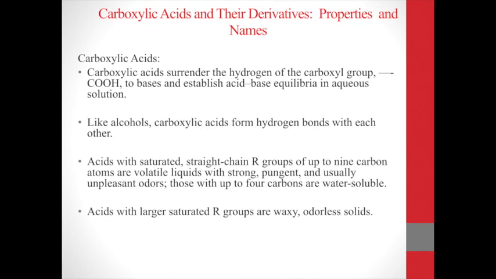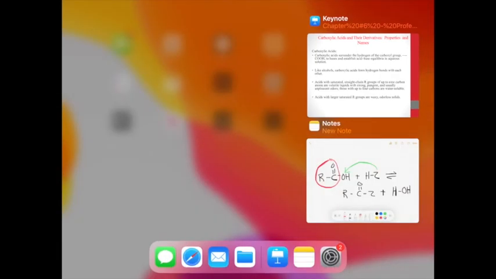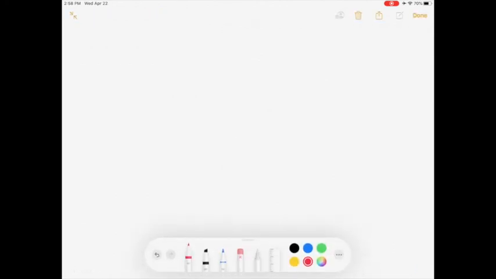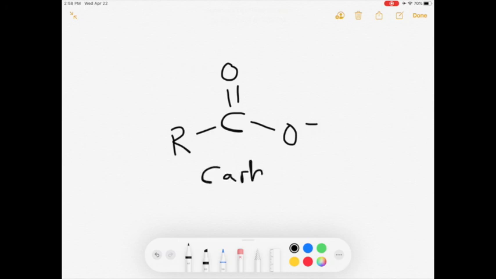Carboxylic acids are weak acids. They will surrender the hydrogen of the carboxyl group to a base to establish an acid-base equilibrium in an aqueous solution. So when it gives up the hydrogen, it forms a carboxylate ion, and we're going to come back to this.